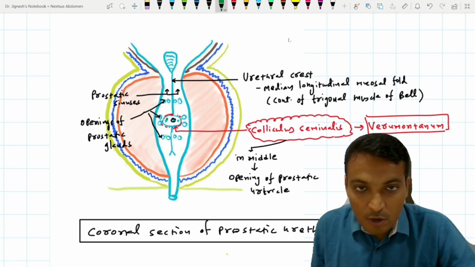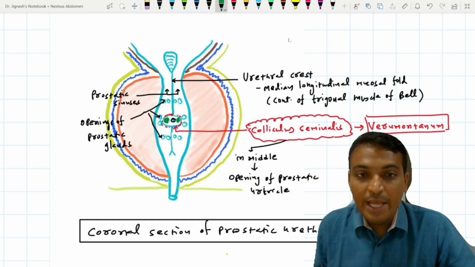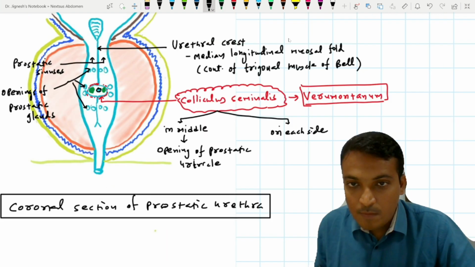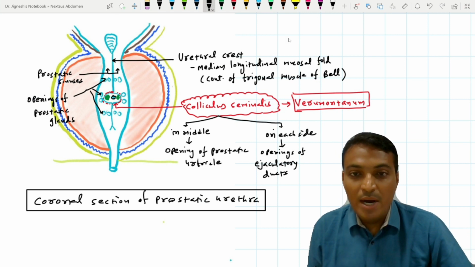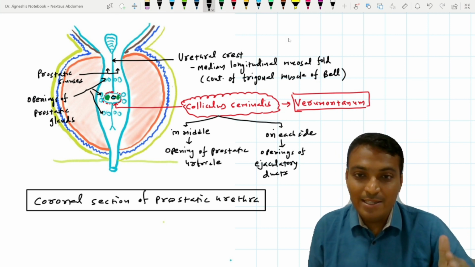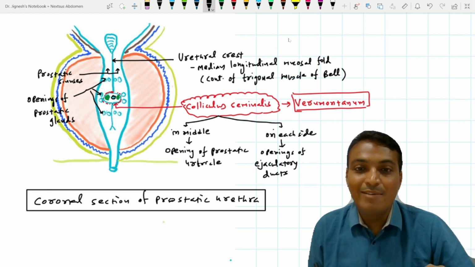On each side of the opening of the prostatic utricle, we find two more openings, which are the openings of the ejaculatory ducts. These ejaculatory ducts are formed by the fusion of the duct of the vas deferens and the duct of the seminal vesicles.